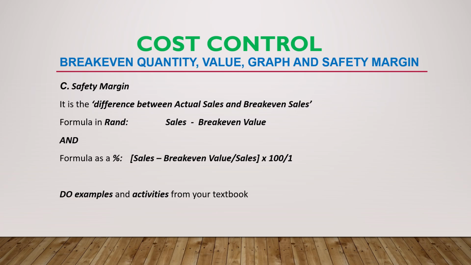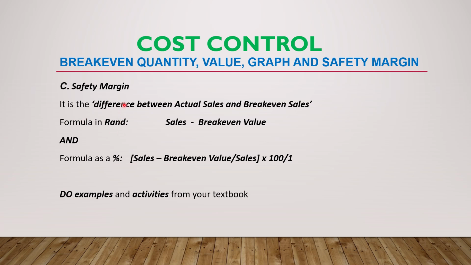That means the business is in a safe position. Now, what is safety margin? It's the difference between actual sales and break-even sales. You'll see what we are talking about when we do the graph. So what's the formula?